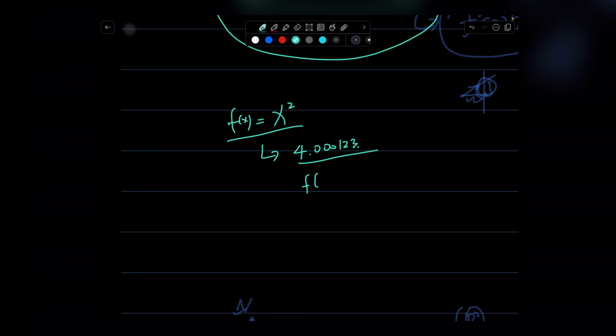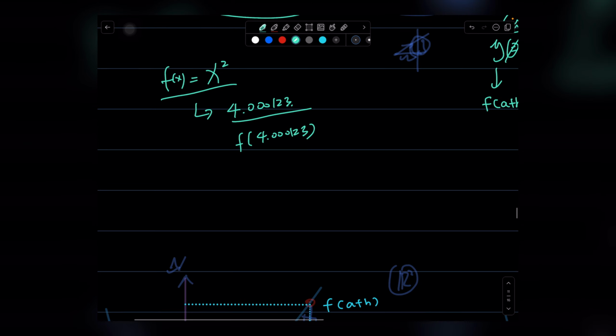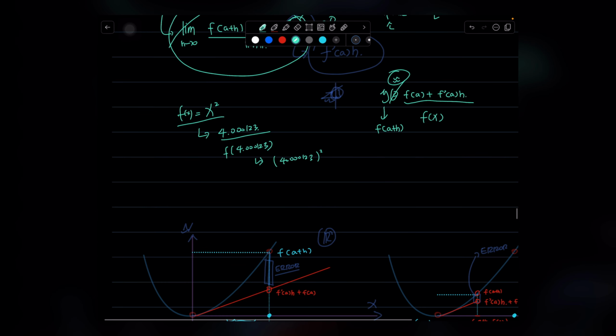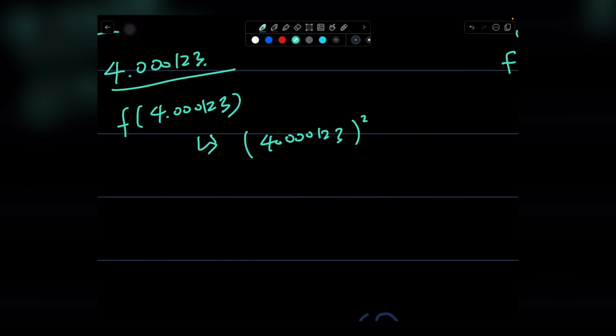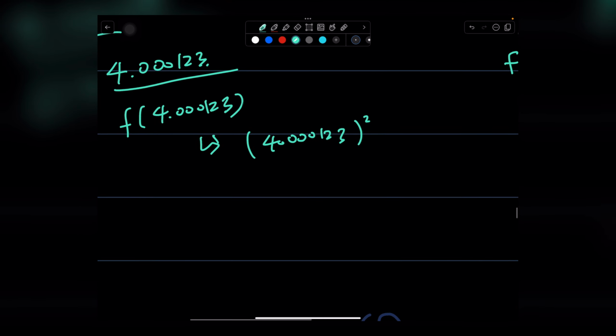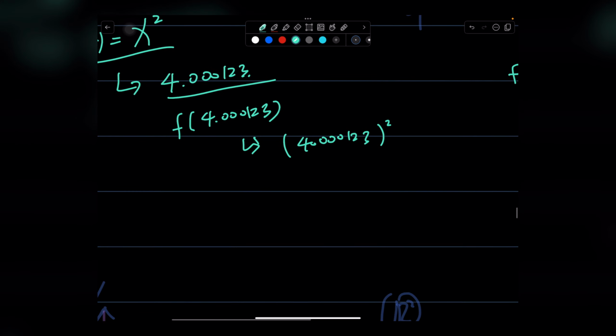When we use it as an input, can you directly calculate the value of 4.000123 squared? It is so hard for you to directly calculate it unless you have a calculator.